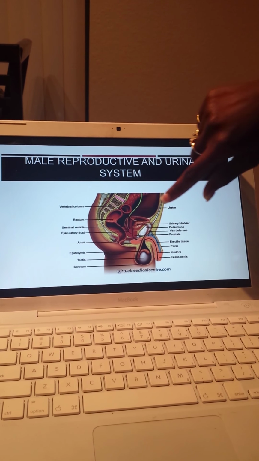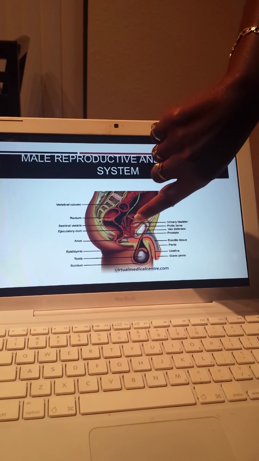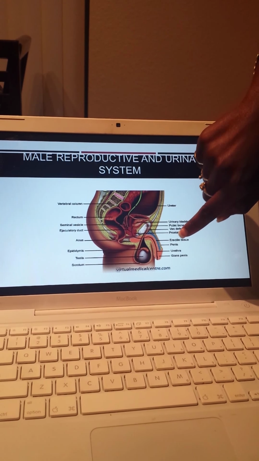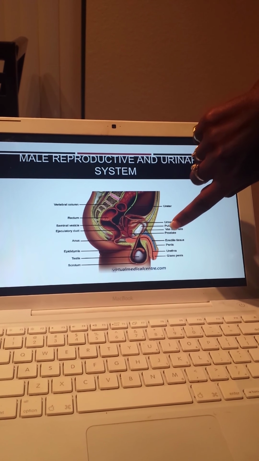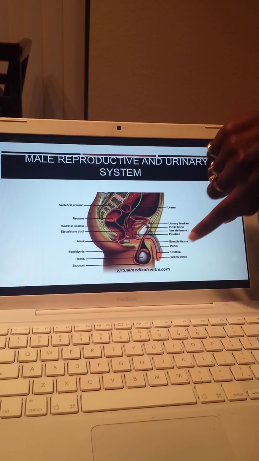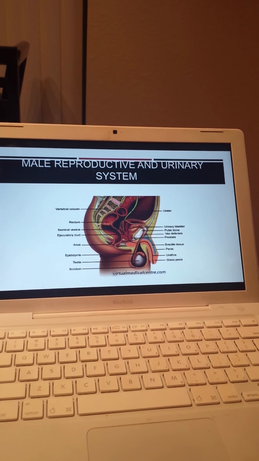We have the ureter, the male urinary bladder, which is here right above the pubic bone. We have the male prostate, which sits right behind the bladder here, the erectile tissue, the male penis, the urethra, and the glans penis.